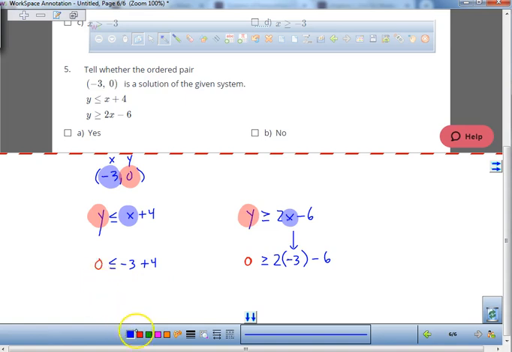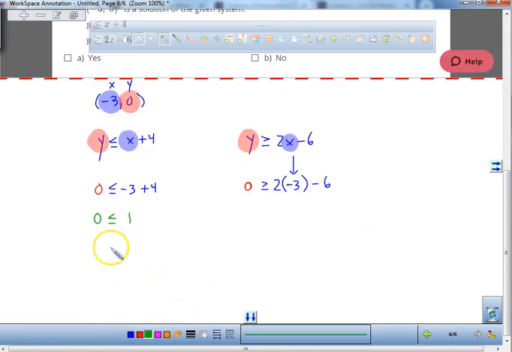So right now, what do we have left over here? We have a 0, and we're seeing if 0 is less than or equal to -3 plus 4, which is a 1. Is 0 less than or equal to 1? Yes. So this is what we call a true statement.